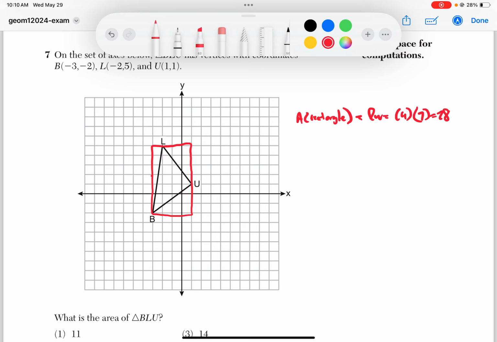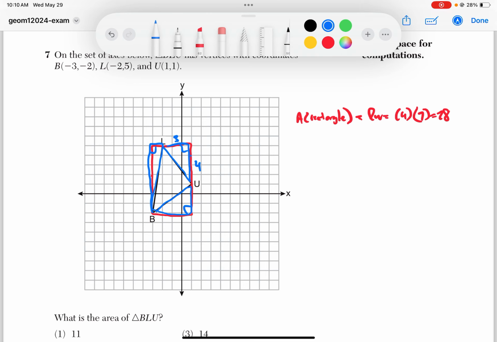28. So the whole rectangle is 28, but in this process I also make 3 right triangles whose heights are very easy to find because they are on the lines of the coordinate grid. This triangle is 3 by 4.